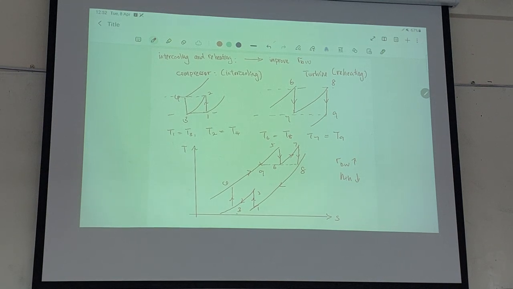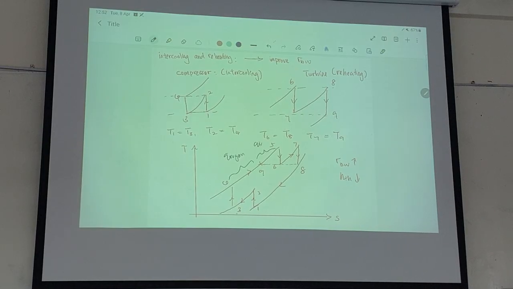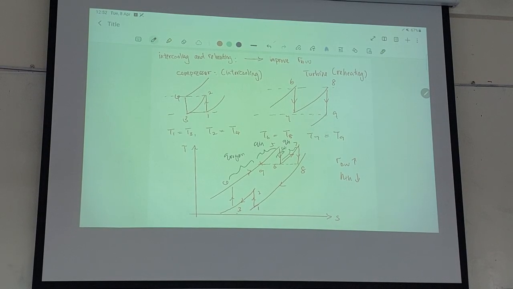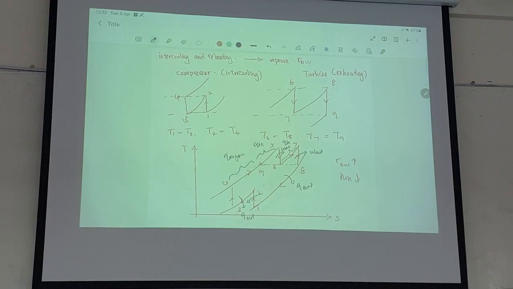So if you do something like this, then this will be your Q regen. This is your Q in. This is also Q in. This is work out. This is work out. Q out. Q out. Work in.